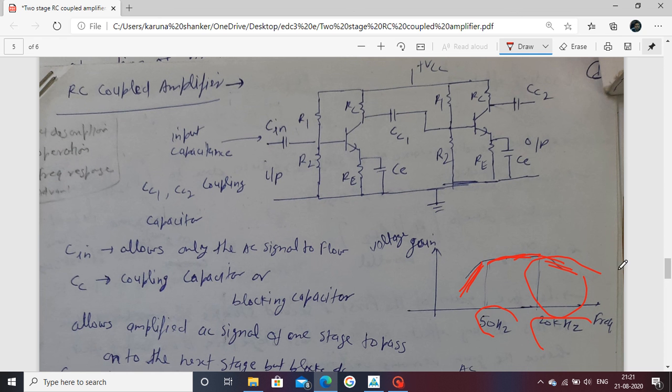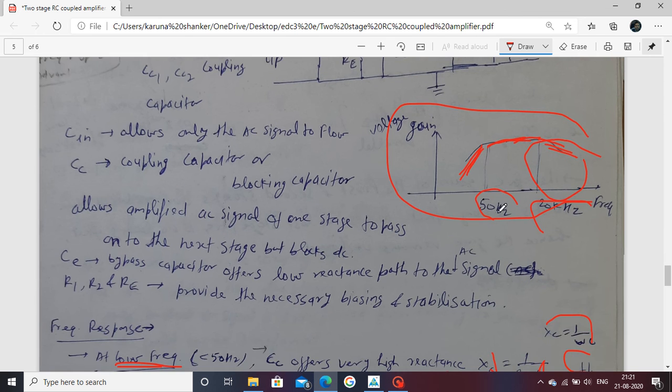This is the frequency response plot of the two-stage RC coupled amplifier. The conclusion is the reason behind the voltage gain reducing at higher frequency, and also why the voltage gain is constant in between this range.